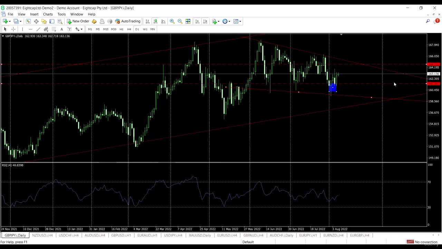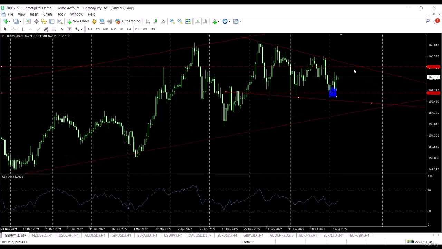Remember, sell limit was above our current price and buy limit was below. Now buy stop has to be above our current price, and sell stop below. They are basically the opposite of each other.